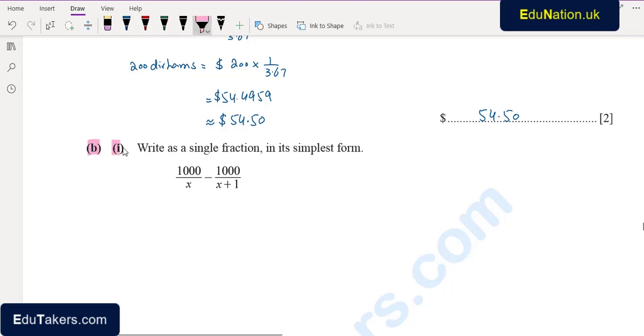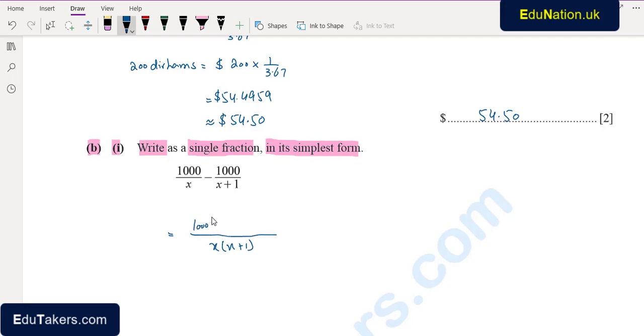Part B first is write as a single fraction in its simplest form. Taking its LCM, which is x into x plus 1.